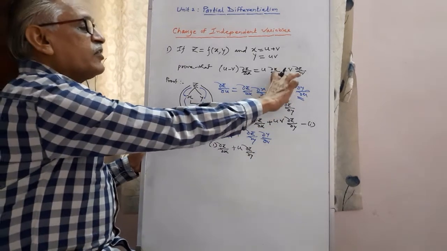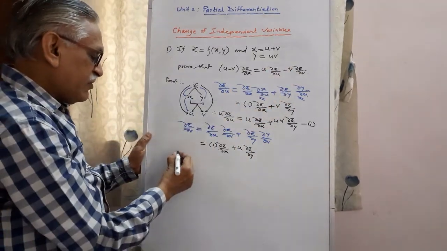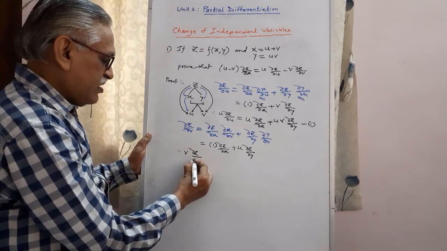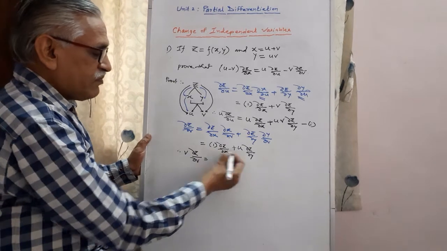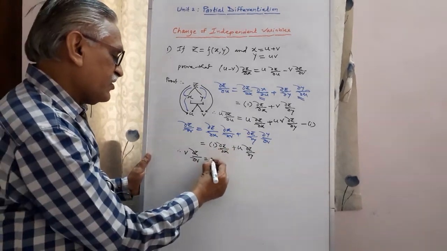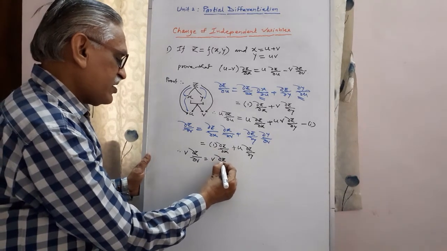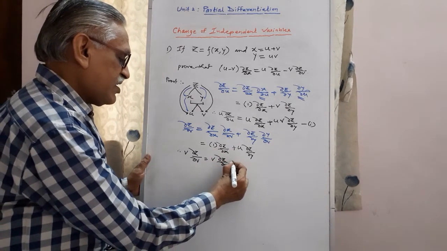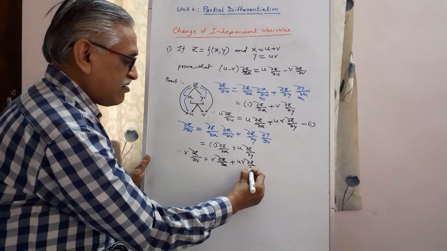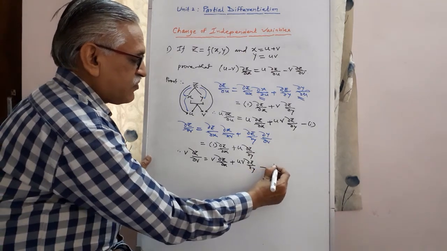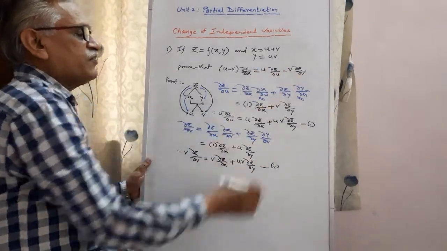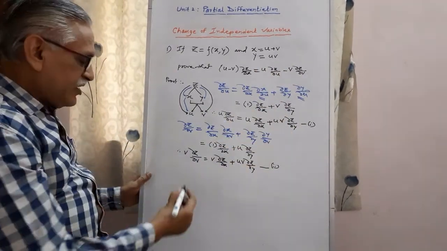Then we have to multiply it by v, and therefore multiplying by v on both sides, v ∂z/∂v is equal to, multiplying by v on the right hand side, it is v ∂z/∂x plus u into v ∂z/∂y, equation number 2.